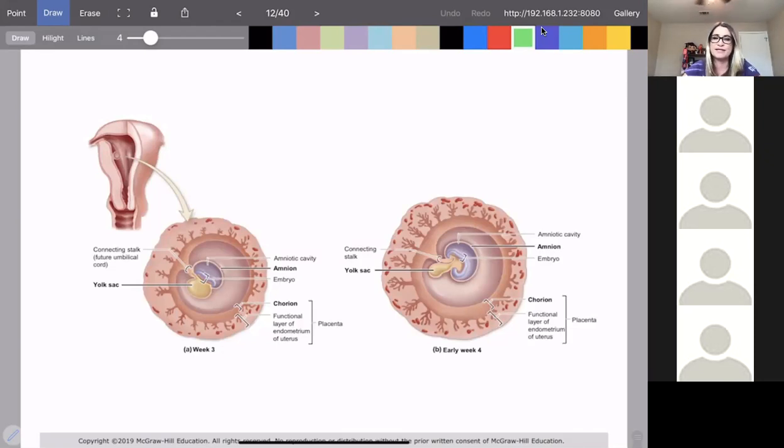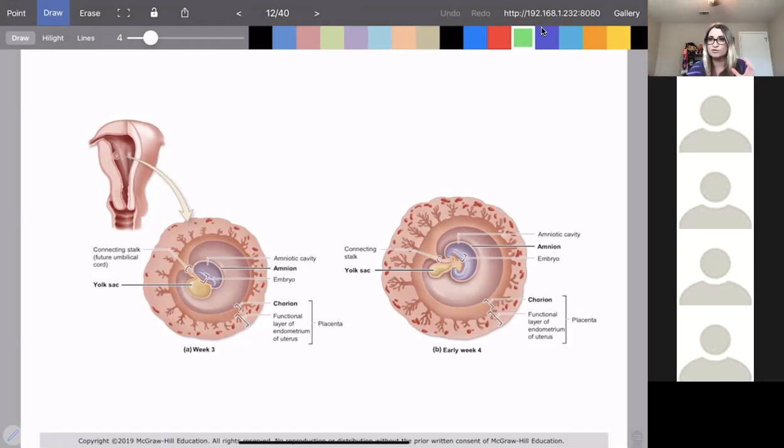It is also the place where the primordial germ cells, which will become future sperm and eggs, originate. It's in the yolk sac. So that's our yolk sac.